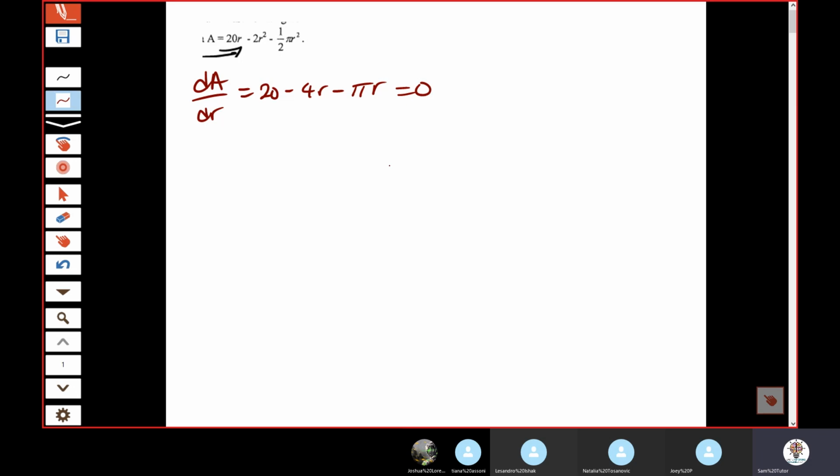We're trying to solve for r. Because it's not a quadratic, I would move the 4r and the pi r over, because I would like to keep it positive, but you could have done what you just said. There, it's positive. I would factorize my r out. Therefore, r equals 20 on 4 plus pi.